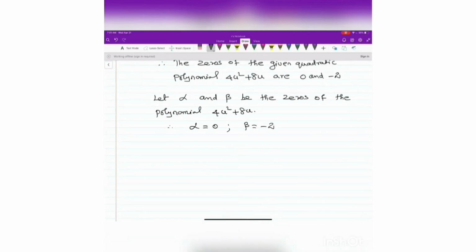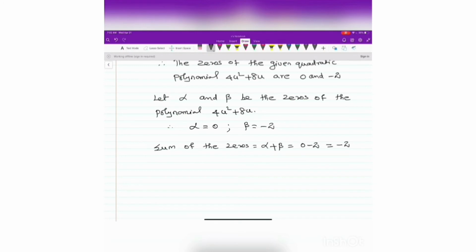Now sum of the zeros is equal to alpha plus beta, which when you substitute the values gives 0 plus minus 2, which is just minus 2.